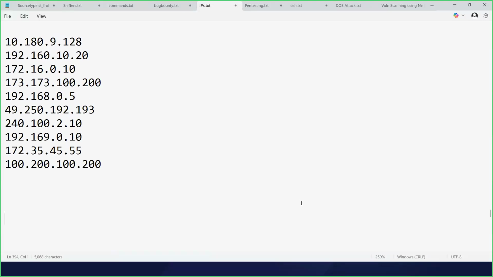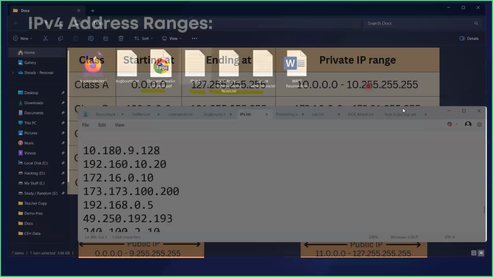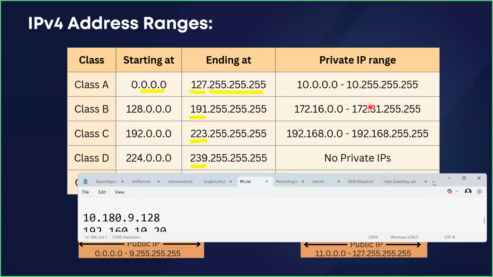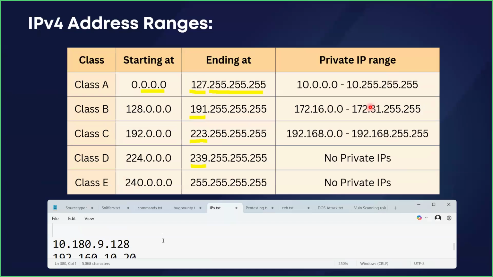So I've written down some random IPs here, guys. What I want you to do is look at these ranges over here and tell me which IP belongs to which class and whether it's a public IP or a private IP.